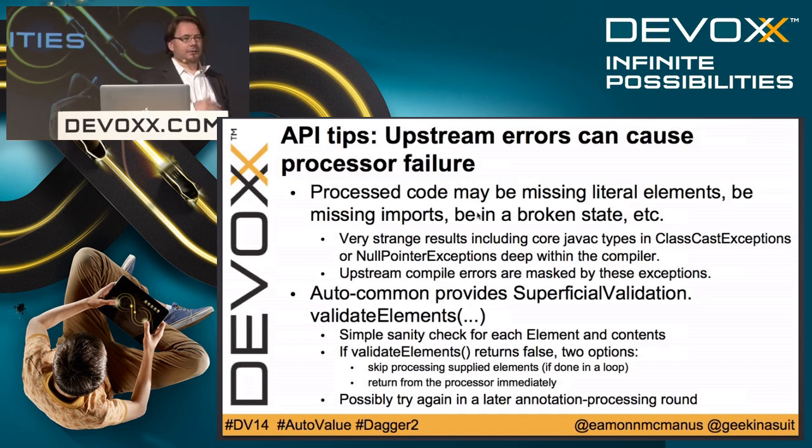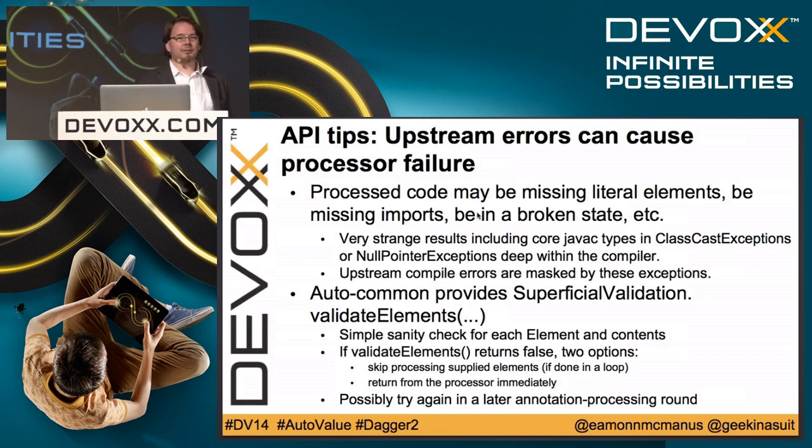It'll scan through and make sure that the bits and pieces are where they should be before you do the processing. In particular, if you decide that the elements are not valid and you want to skip processing, an important note is that you will never see those elements again. They don't come back in subsequent rounds.